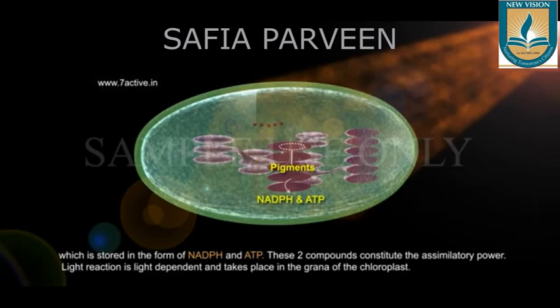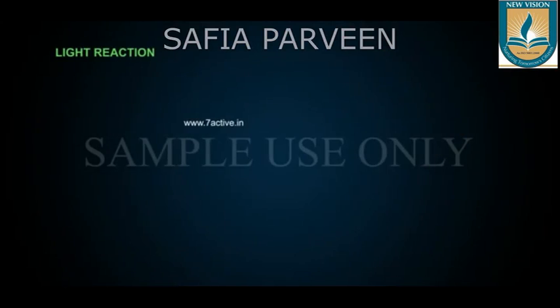These two have a lot of energy in them which can later be used in the dark reaction. That is why they are called assimilatory powers. Light reaction is a light dependent reaction and it takes place in the granum of the chloroplast.